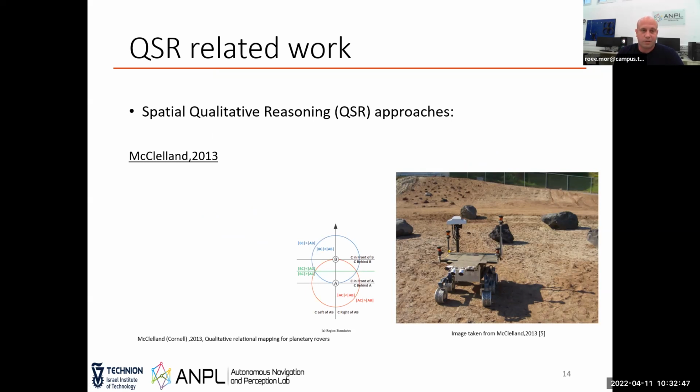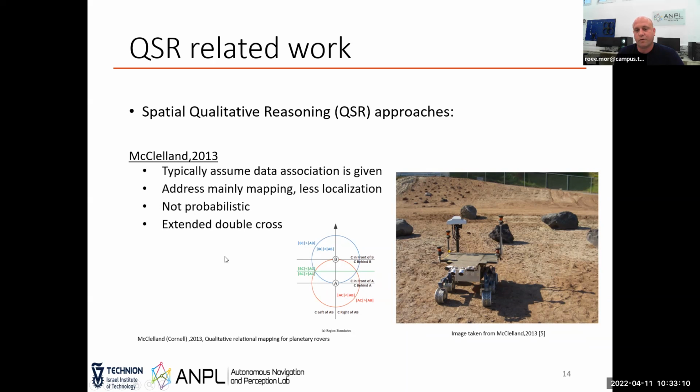So this whole concept is not new. We are not the first ones to think of it. Qualitative spatial reasoning has been researched for at least 30 years, but the first meaningful framework for SLAM was introduced in 2013 by Cornell.